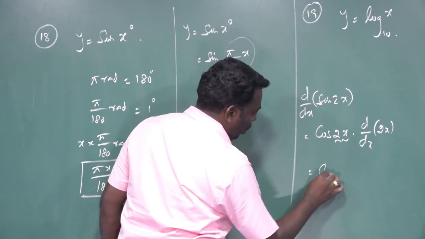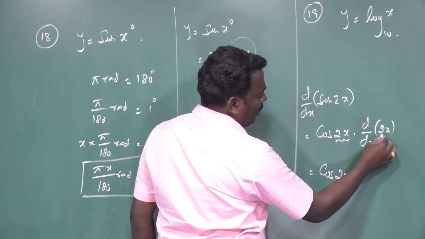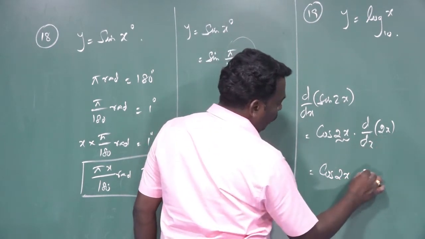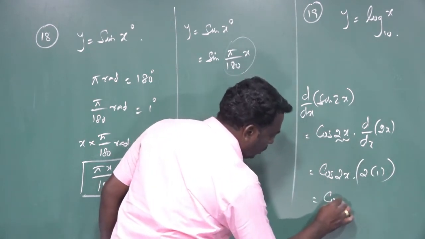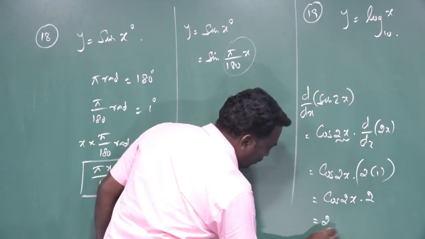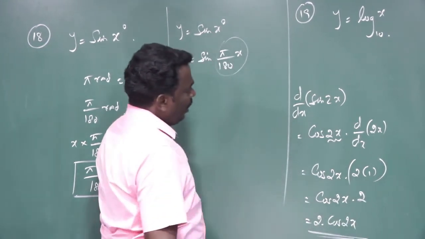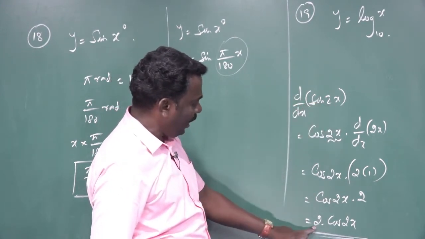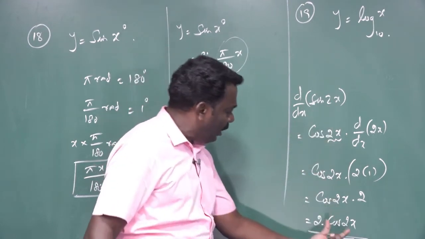That is equal to cos 2x into the differentiation of 2x, where 2 is a constant term and differentiating x with respect to x gives 1, therefore 2 into 1. That is equal to cos 2x into 2. We can write 2 times cos 2x as the answer. Therefore, differentiation of sin 2x is equal to 2 times cos 2x.